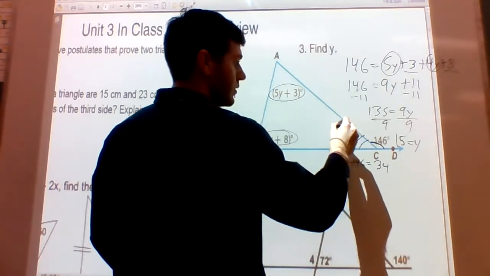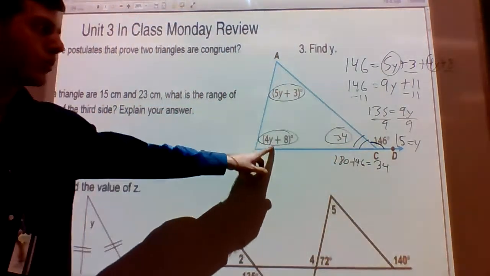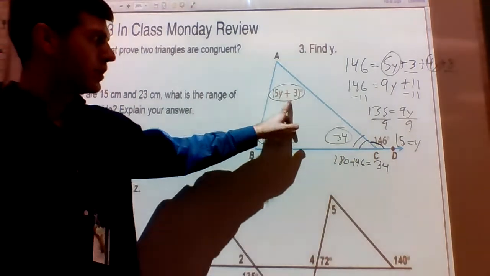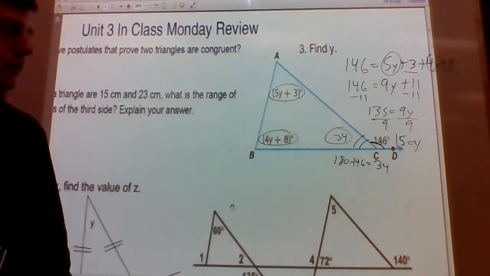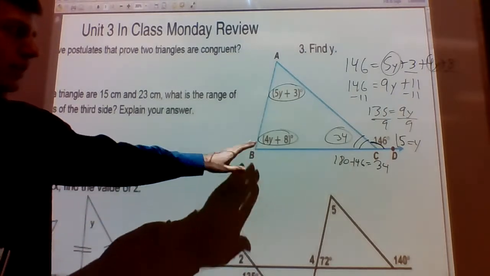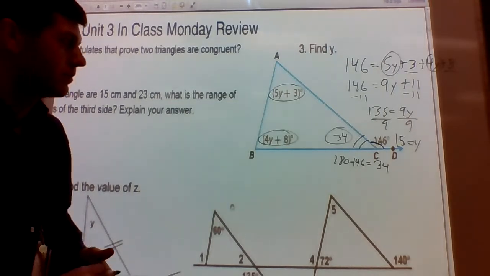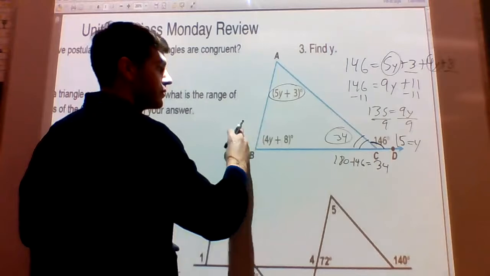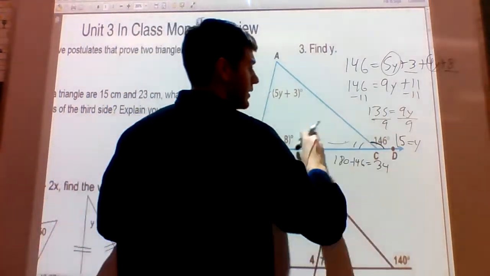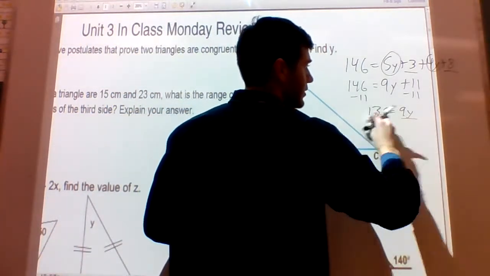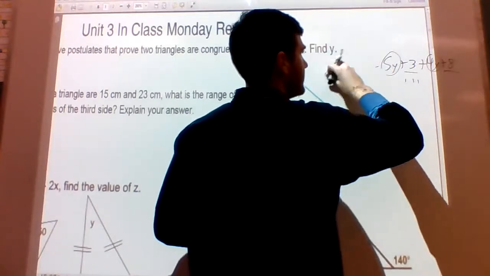And then we could have done 34 plus 4y plus 8 plus 5y plus 3 equals 180. Combine like terms and solve for y, and we should get 15 that way as well. But the exterior angle theorem is simpler, faster. That's what they intend for you to use when they write this problem.